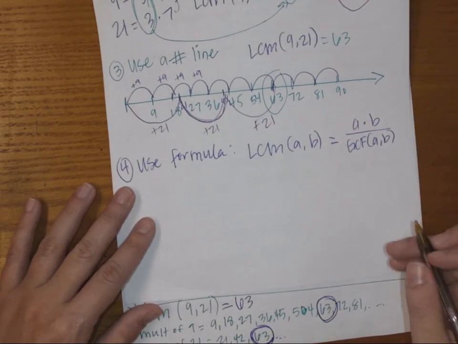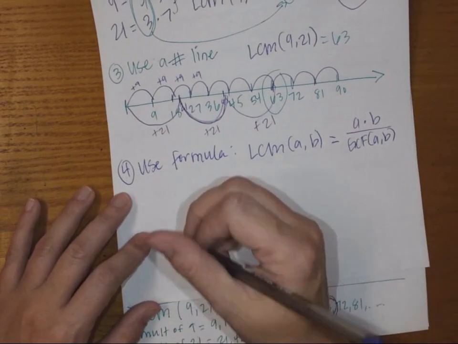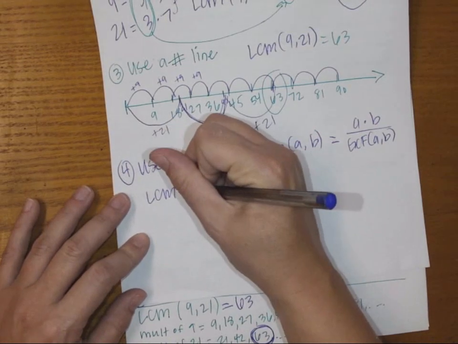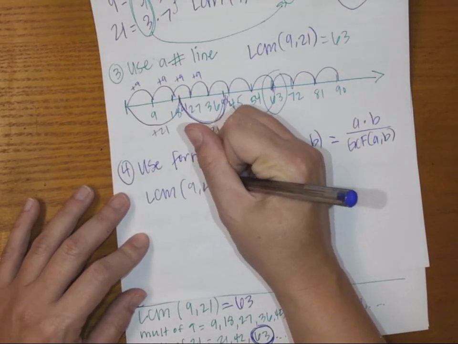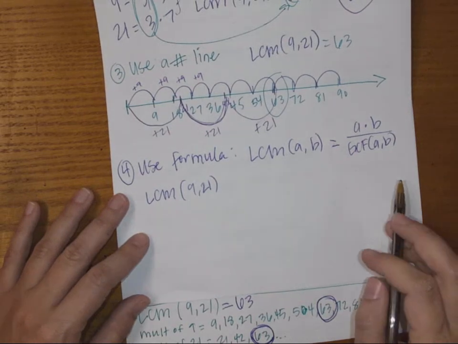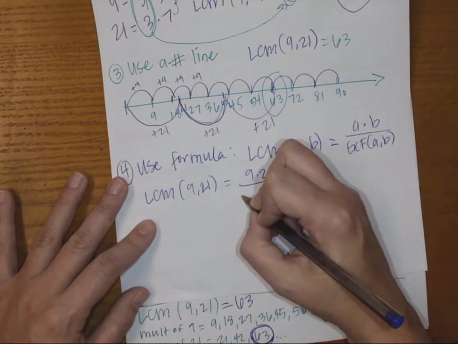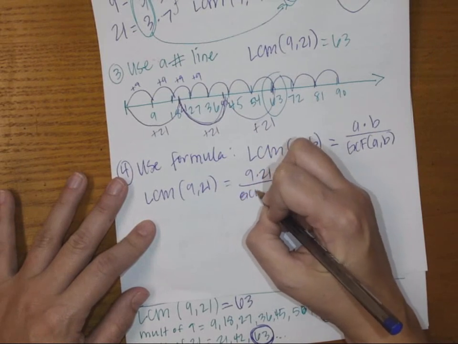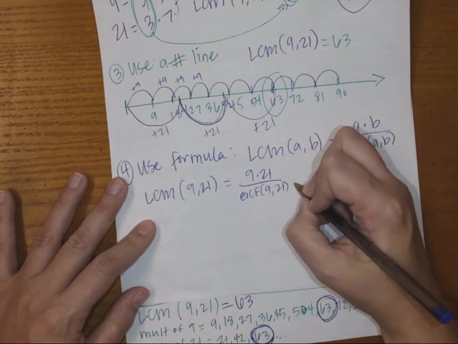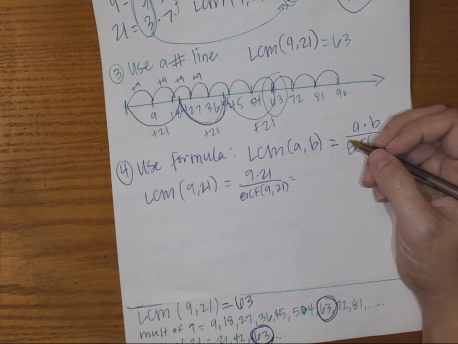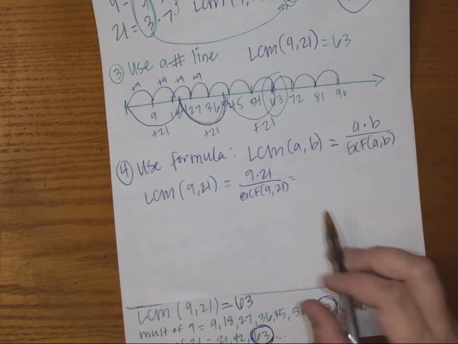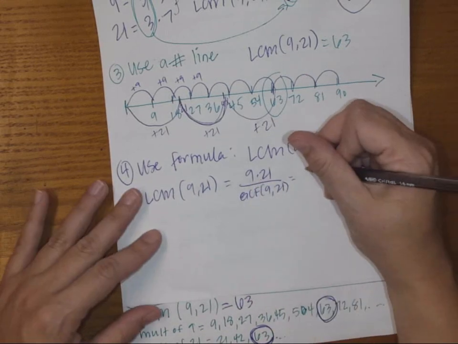So for that problem we just did, least common multiple of 9 and 21 is 9 times 21 divided by the greatest common factor of 9 and 21. 9 times 21 is 189.